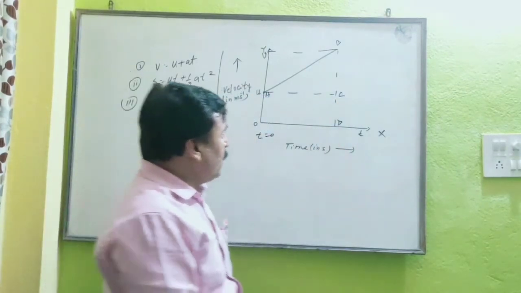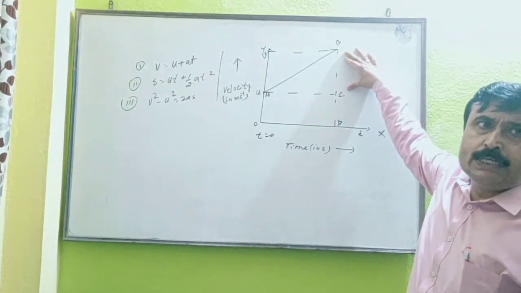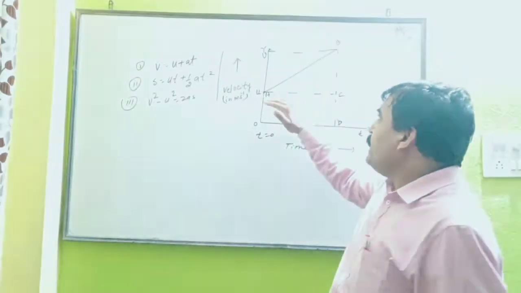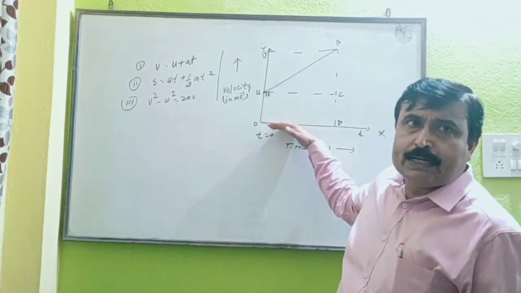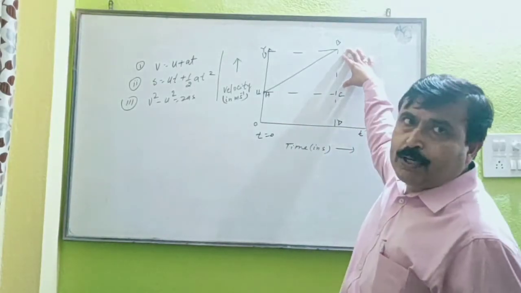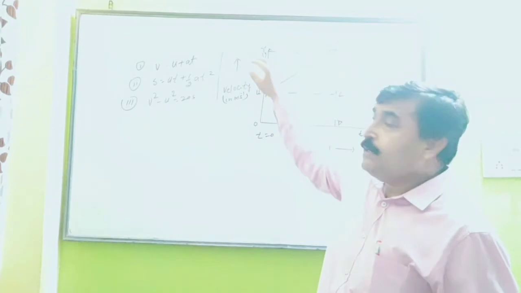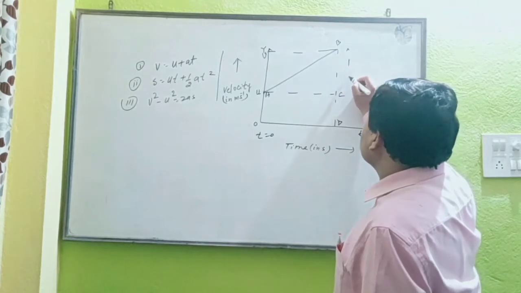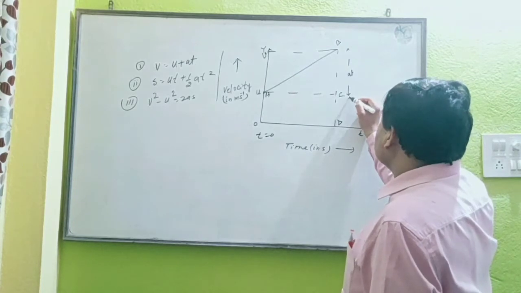So in this graph, BC represents the change in velocity and AC represents the time interval. AC represents time interval because AC is parallel to the time axis, and BC represents change in velocity because BC is parallel to the y axis. So this represents at, and CD is u.